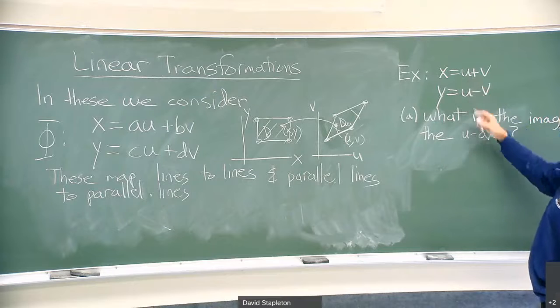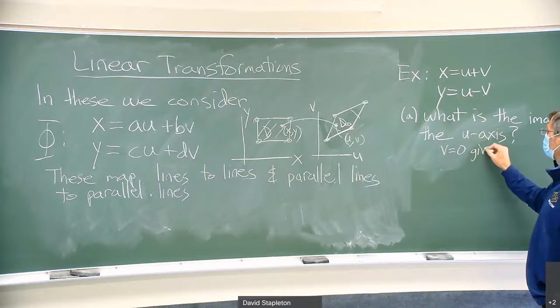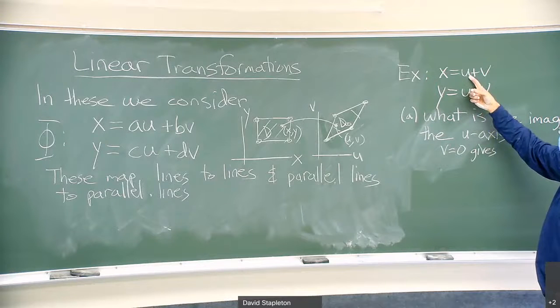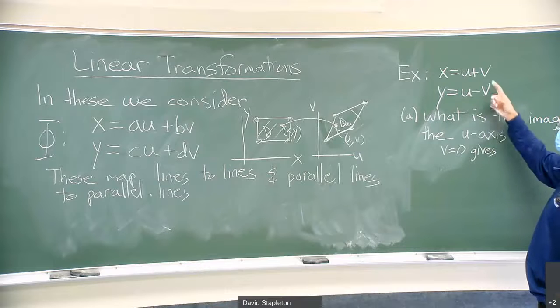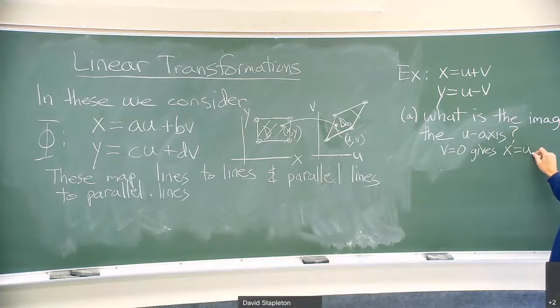Well, the u axis is v equals 0, and it gives us these corresponding curves in xy space: x equals u, y equals u.